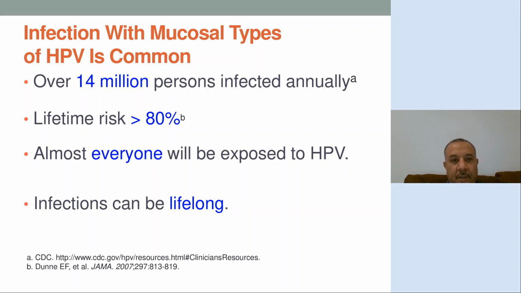So 80% of the population on Earth can be infected in their lifetime because it is very easily transmitted, so nearly everybody will be infected. And the trouble is that it is a lifelong infection. Human papilloma virus is similar to EBV, CMV, and herpes virus. Once the virus gets in the body, it will not go out.